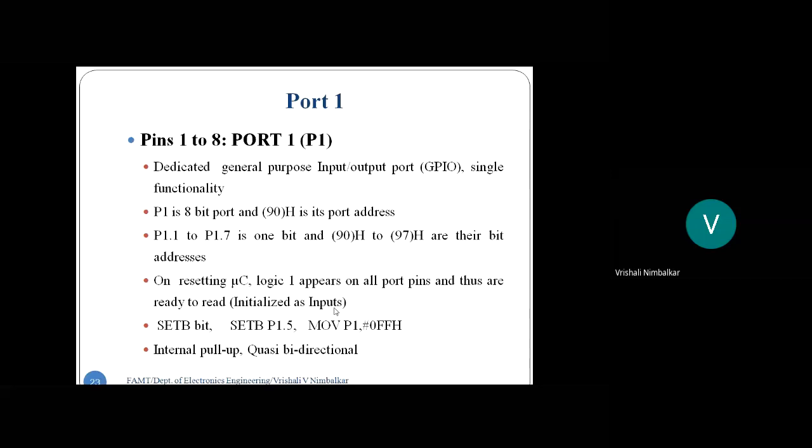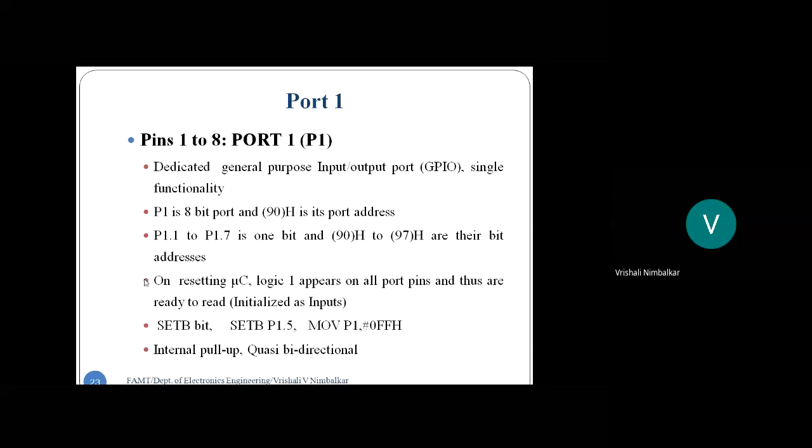The direct address can be the internal memory address, or the direct address can be the address of an SFR, special function register. And with an SFR, you have two options: either refer to the SFR by its address or refer to the SFR by its name. So wherever there is direct addressing mode, I can write these special function registers by their 8-bit address or by their name. Please remember this.